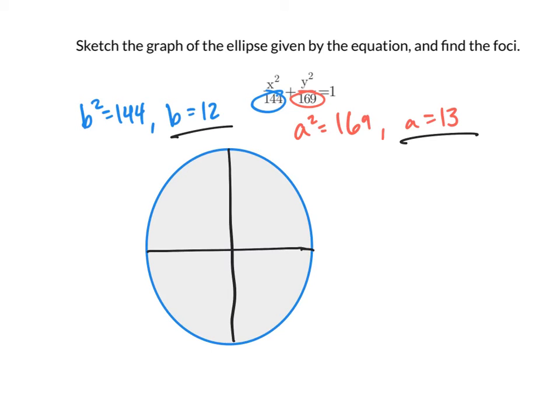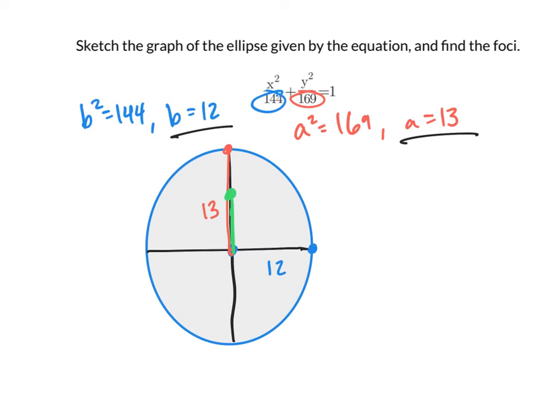This minor axis is from here to here. I guess I should do it in blue. From here to here is 12. From here to here is 13. And we have to figure out what the distance is from here to here where the focus is.